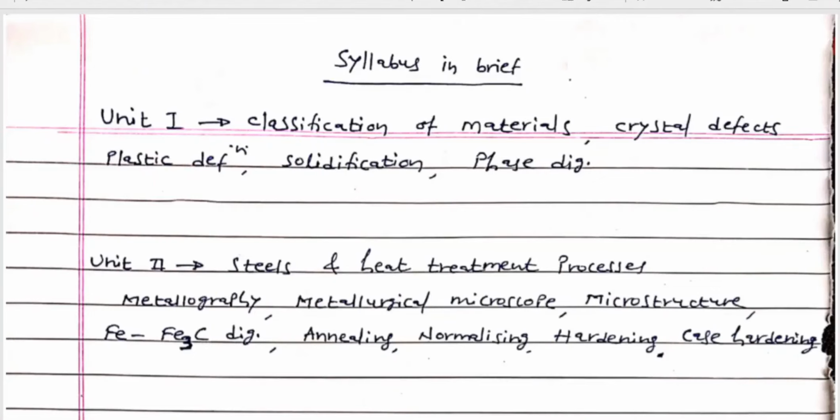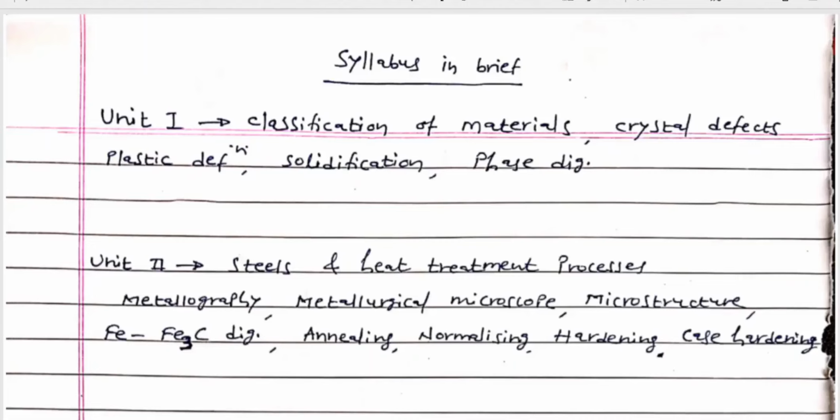Next is plastic deformation. There are two kinds of deformations, elastic deformation and plastic deformation. Then next is solidification, which is related with the foundry or casting procedure.